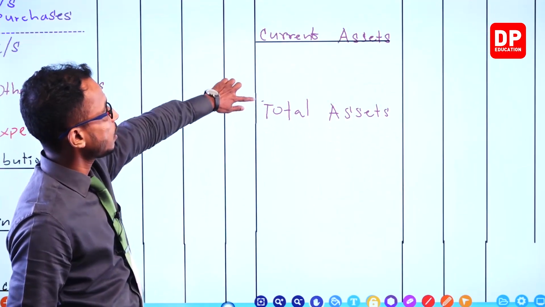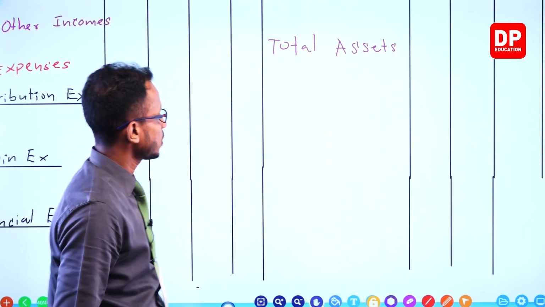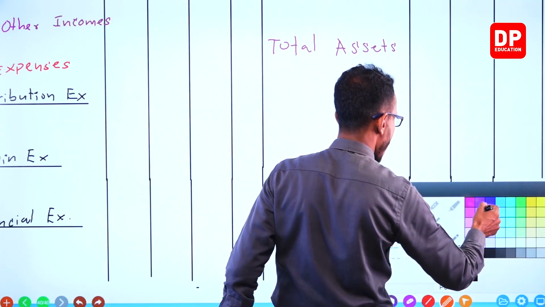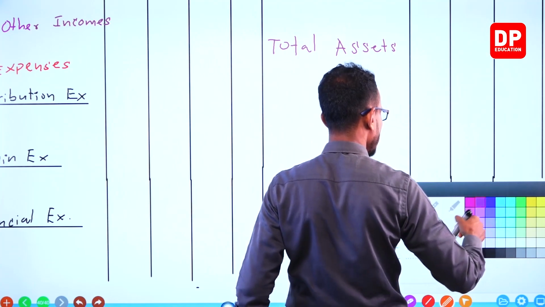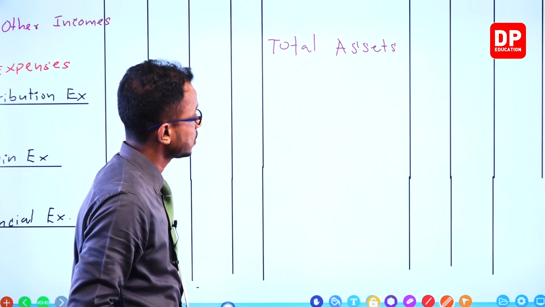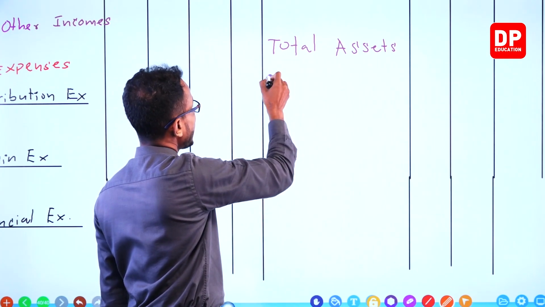Go further down. The part below, under total assets you get the equity and liability section.